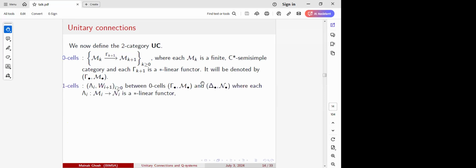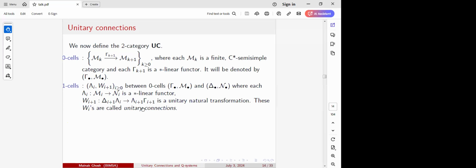Suppose we have two zero cells, gamma and delta. Then one cells between them will consist of sequences lambda i, w i, where each lambda i is a star linear functor from M i to N i, and each w i is a unitary natural transformation from delta i plus 1 lambda i to lambda i plus 1 gamma i plus 1. And these w i's are called unitary connections.